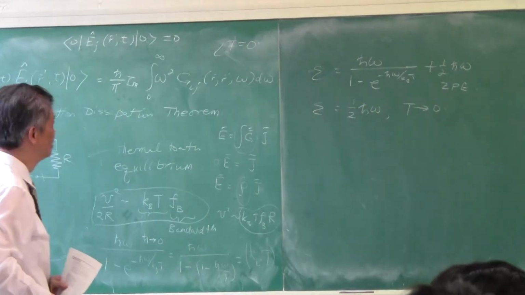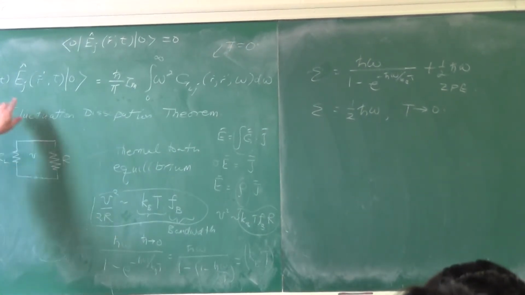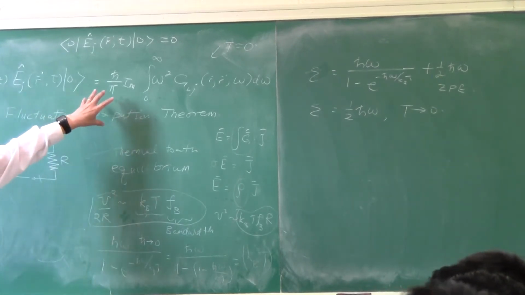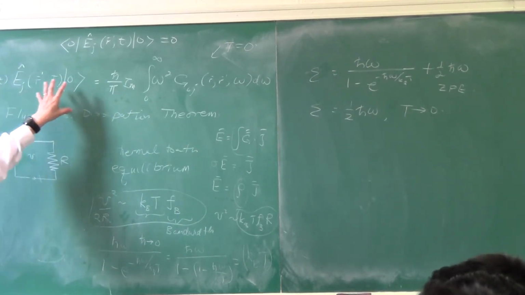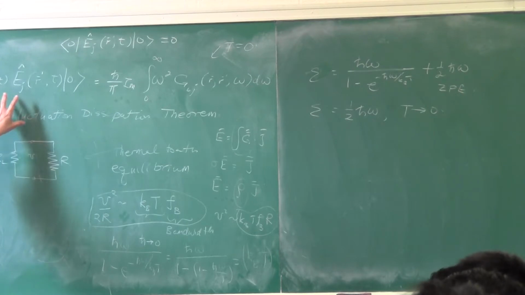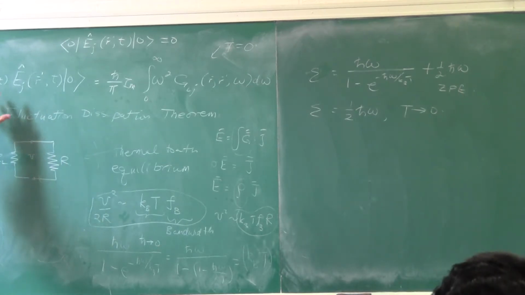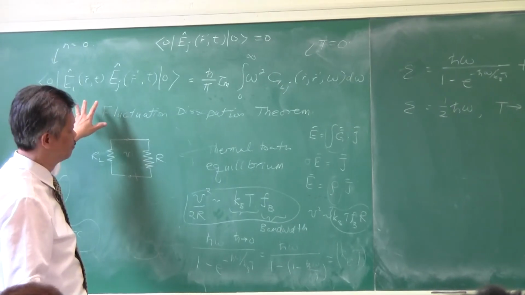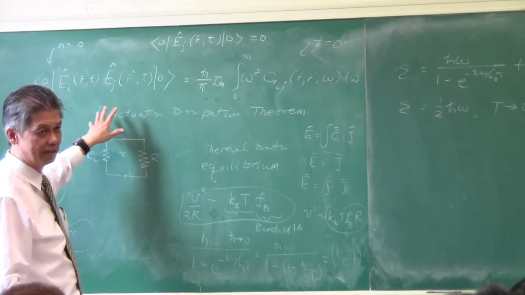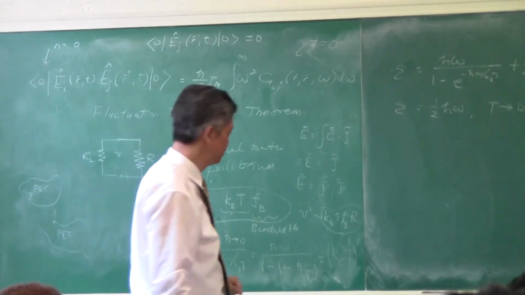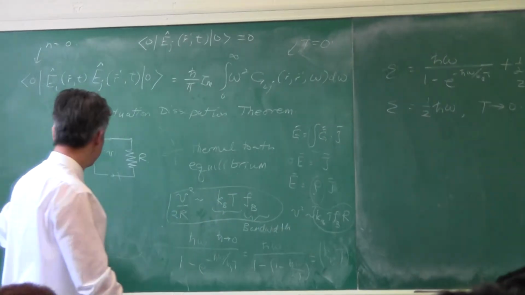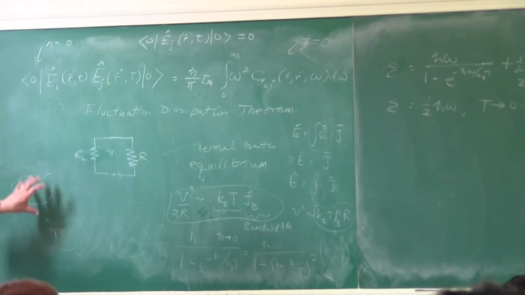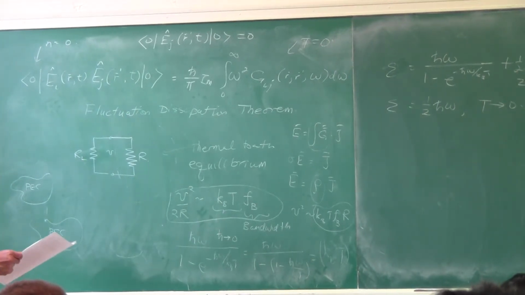Then only the ground state is contributing to this force. Only the ground state is contributing to this force. And then you have this zero-point energy that produces a force, where with the Maxwell stress tensor, you can actually calculate the forces between two objects using this kind of approach.